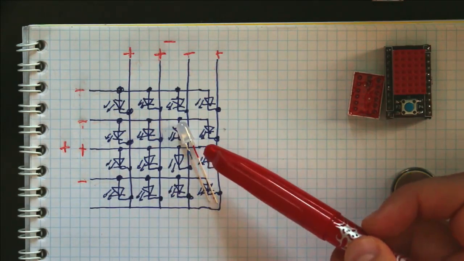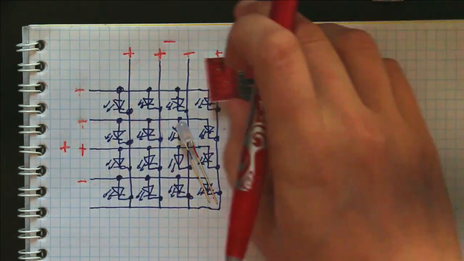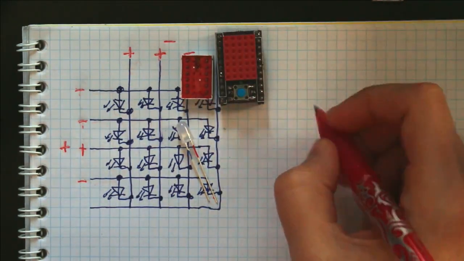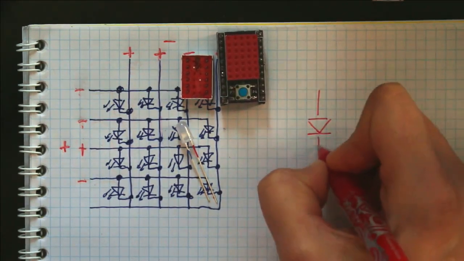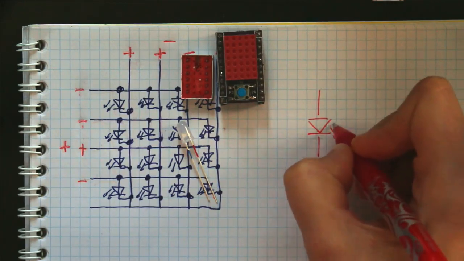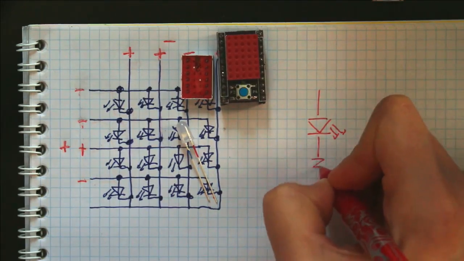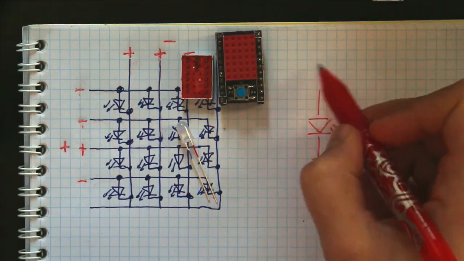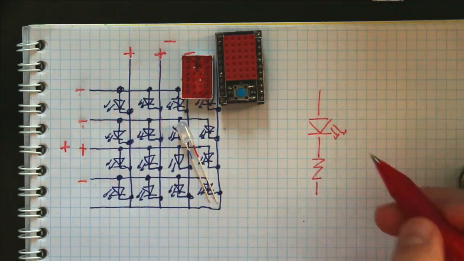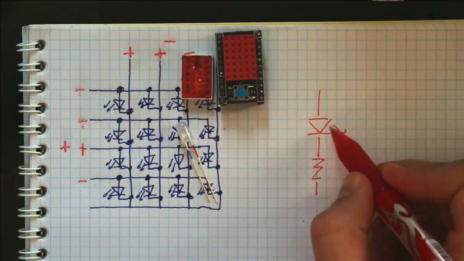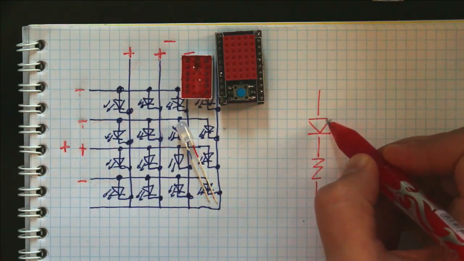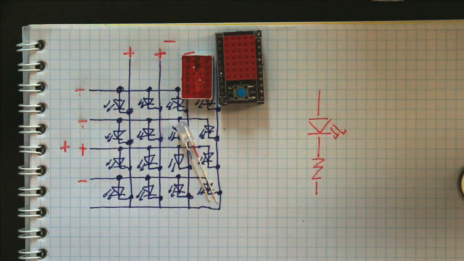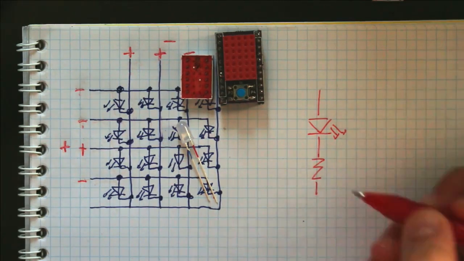So in order to prevent that, frequently you'll see an LED in line with a resistor. So your LED will have either a resistor before or a resistor after. It doesn't matter. And that makes it so that the voltage drop across the LED is the correct amount for it to operate in a happy state.